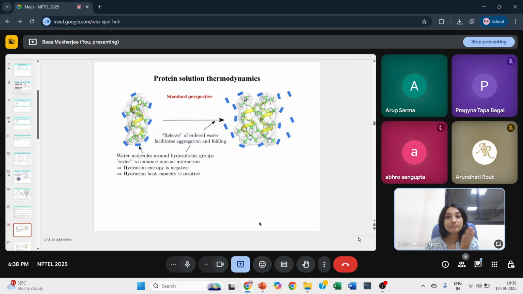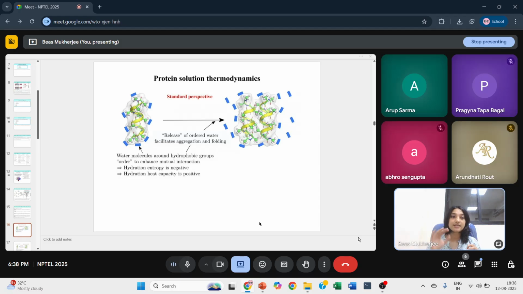So, protein solution thermodynamics. Water molecules around the hydrophobic groups are ordered to enhance mutual interaction. And hydration entropy is negative, hydration heat capacity is positive.